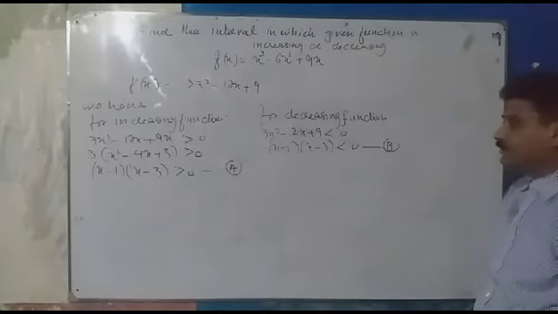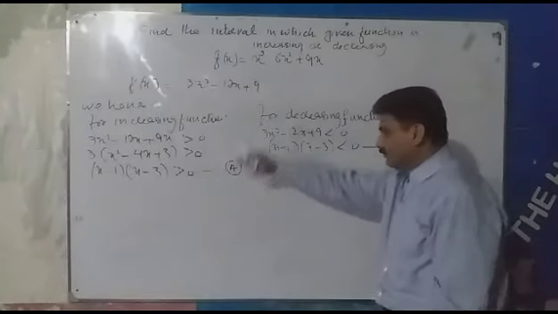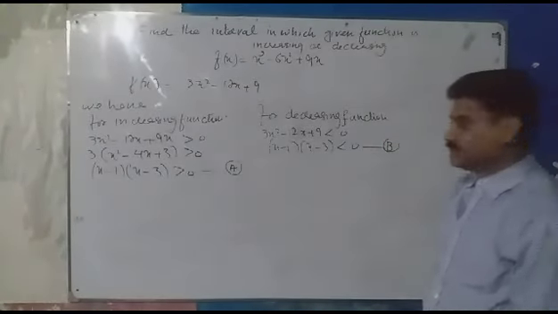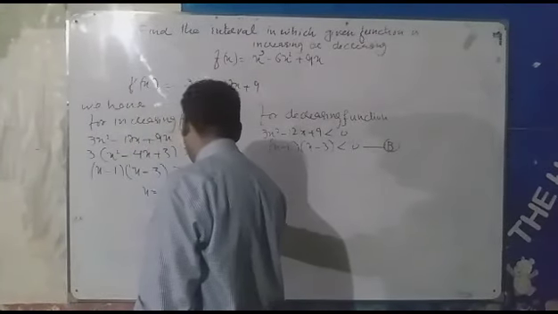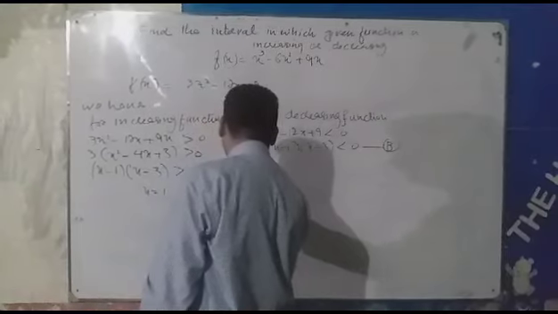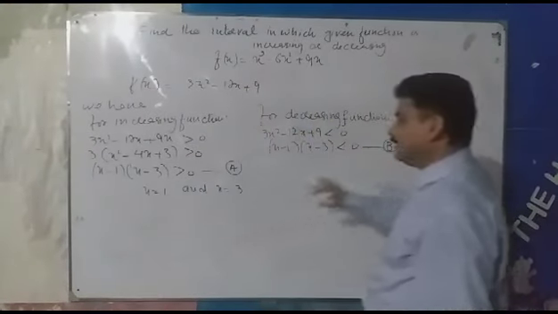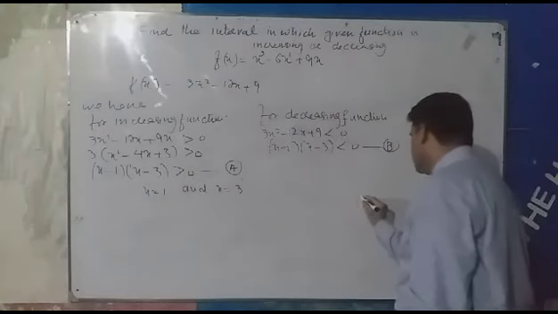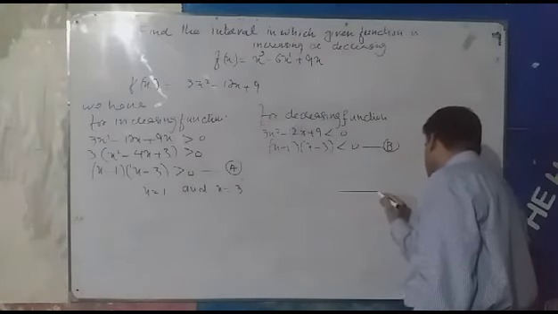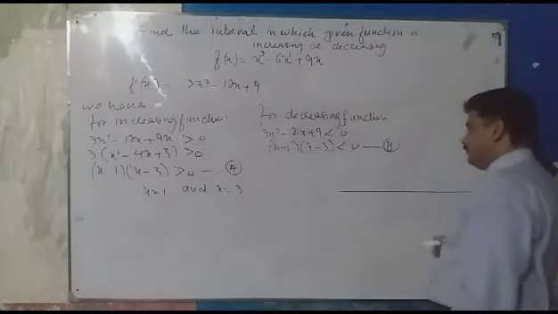If we now solve either one of the inequalities for x, we get x is equal to 1 and x is equal to 3. We take a real line and show these values on the line. Which is a real line.